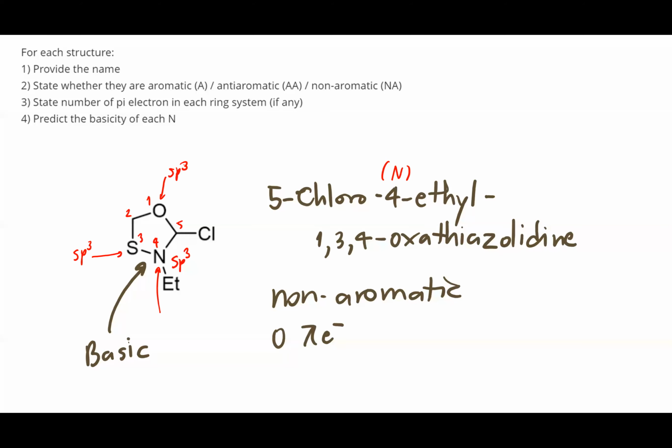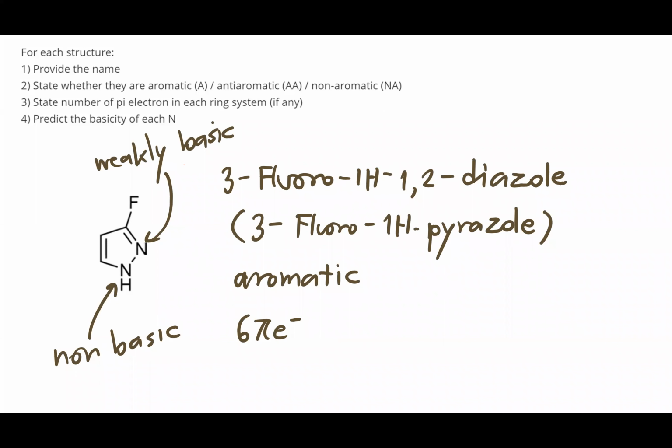Okay. The next compound, in this case, if you stick with the common name, is 1H-pyrazole, right? But you can also use the Hantzsch-Widman system, which is 1H-1,2-diazole, and then the fluoro is at position 3, so it's 3-fluoro-1H-1,2-diazole. By the way, I'm not 100% sure about all the naming systems, so if you have some other suggestion, please correct me if I'm wrong. But I'm not going to focus on this that much.